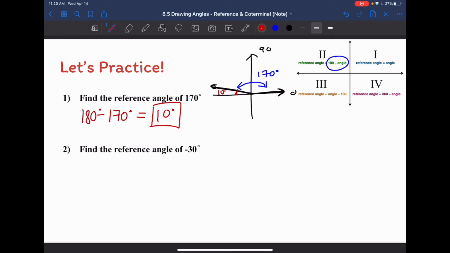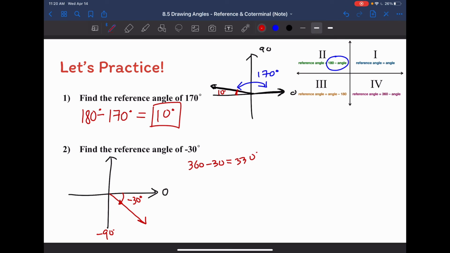It's really small. Let's do a negative angle because negative angles could be tricky. Let's draw negative 30. So 0, and whenever we have negative directions, we are going this way, right? 30 is smaller than 90, so I'll draw a small angle. So this is negative 30 degrees. This is negative 90. I know it's in the fourth quadrant, but if you do 360 minus the given angle 30, you will get something really big.